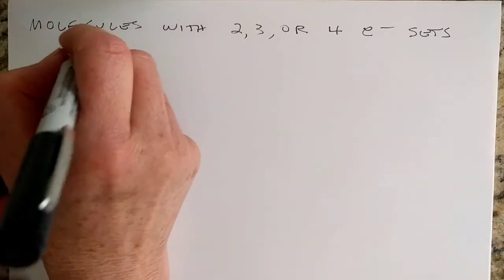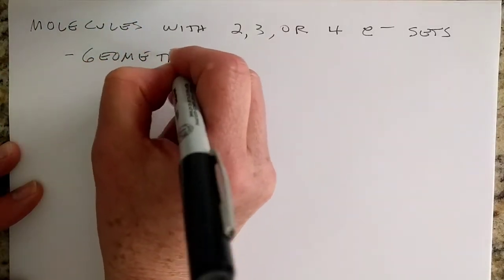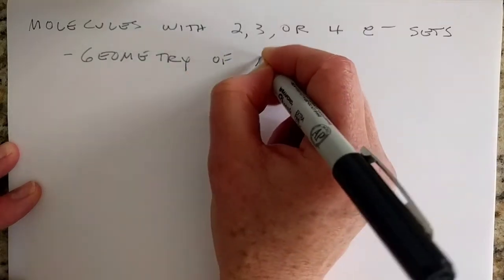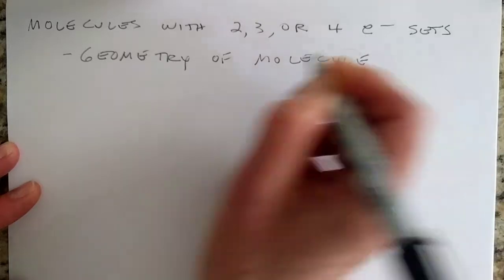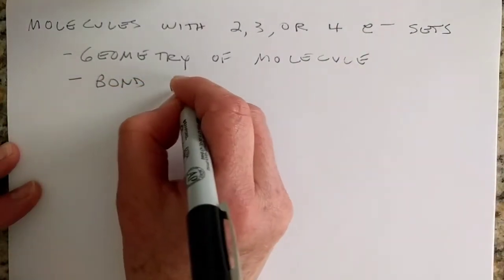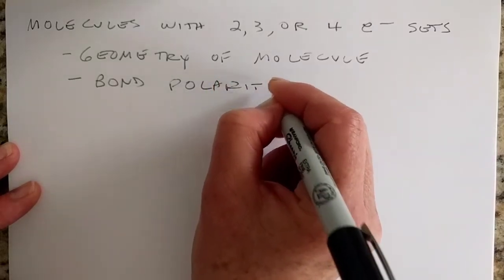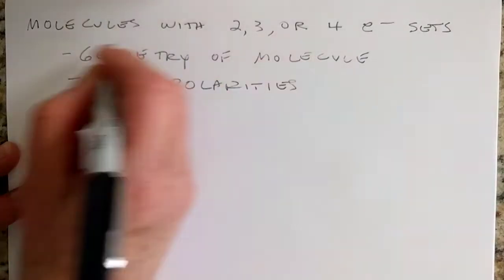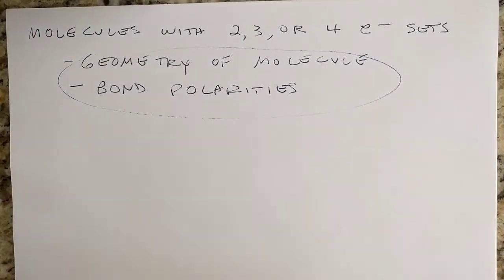So we're going to look at the geometry of the molecule and the bond polarity. And both of these together are going to help us determine the polarity of the molecule itself.